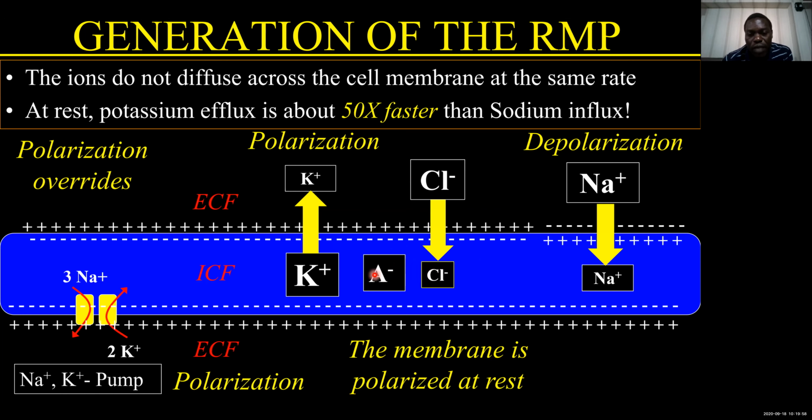Because we have a lot of negatively charged ions inside the cell, these also contribute to the inside of the cell being negative, which means they also contribute to the membrane polarization. Therefore, at rest, the cell membrane will be charged with inside being negative and outside being positive. If that is measured, it will give us the resting membrane potential.